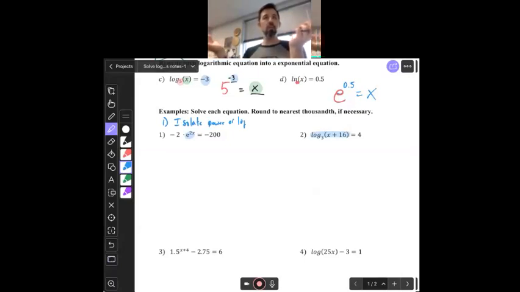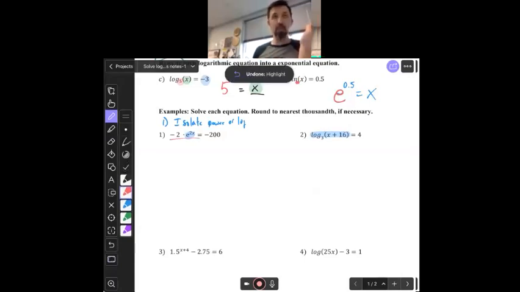Sometimes we might have to move something across the equal sign before we can rewrite. It should be really basic algebra. It says multiply by -2, so I'm going to divide by -2. There shouldn't be anything too crazy going on here. So I get e to the 2x equals 100.